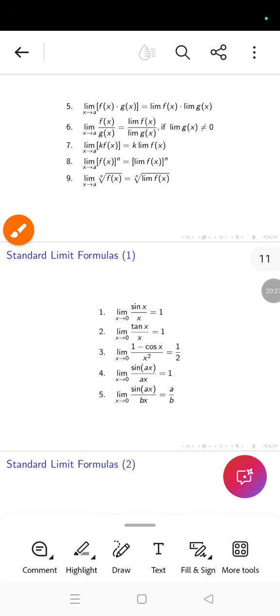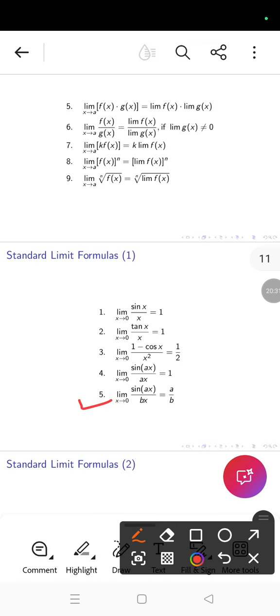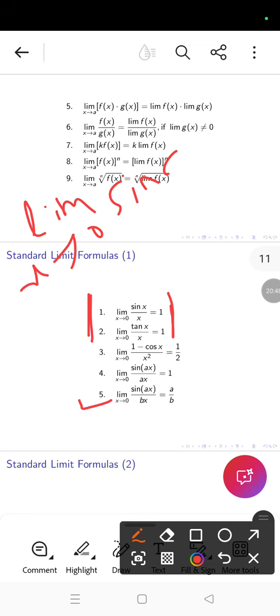Similarly, for formula number 5, just remember these two formulas, and then you can derive all the other formulas. You have to remember these two formulas only. So for the fifth formula, you can take the limit x tends to 0 sin ax by bx.